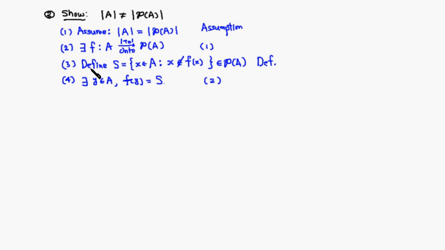Then we can say some strange things. We're going to look at a couple of cases. Case 1: what would happen if y is in S? This is line 5. Can that happen? Line 6: look at the definition of S. In order to be in S, that element must not be in the image of itself.